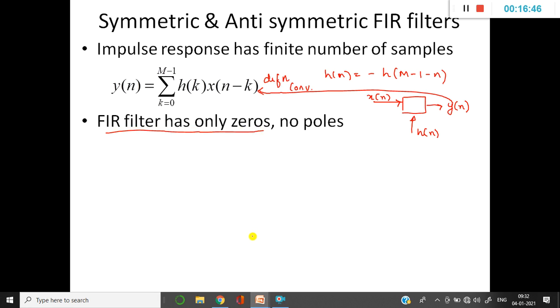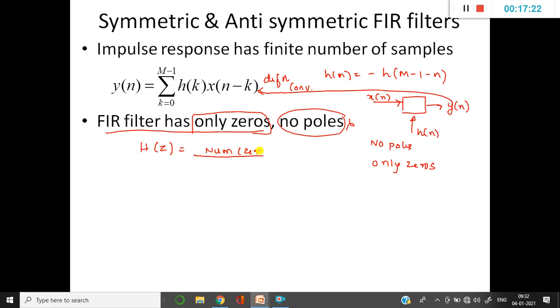And the most important point in the case of an FIR filter is that it has only zeros, and poles will not be present, because as I already told you, I need linear phase filters. So in an FIR filter, poles are not going to be present. We have only zeros. What do you mean by this? It means there is no denominator term at all. So when I go with the frequency response of the impulse response, I am going to get only numerators, that is zeros.